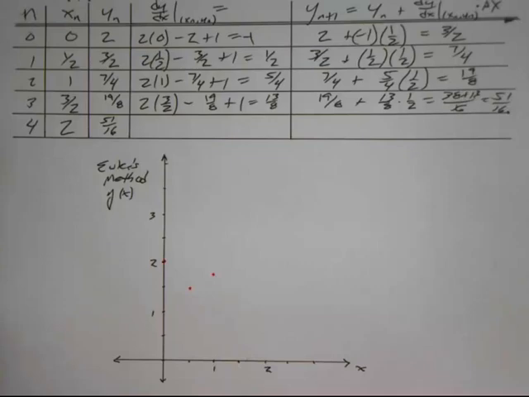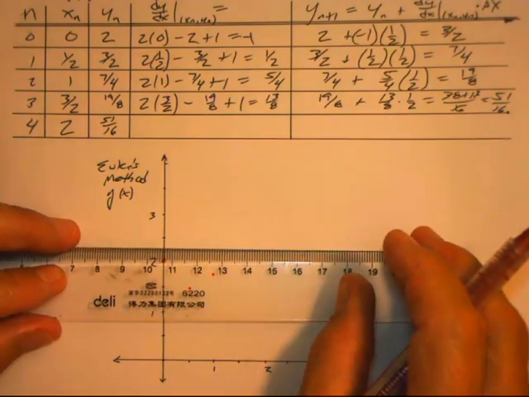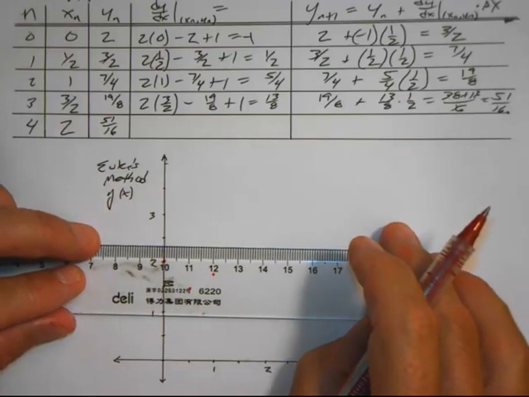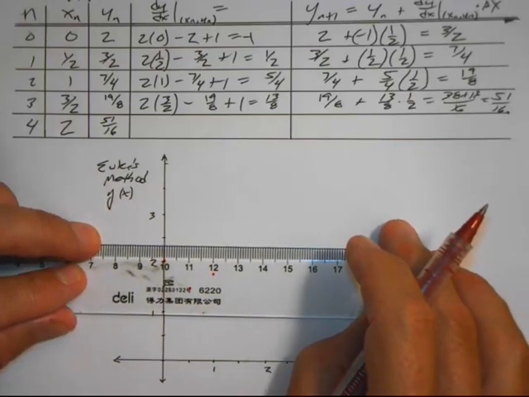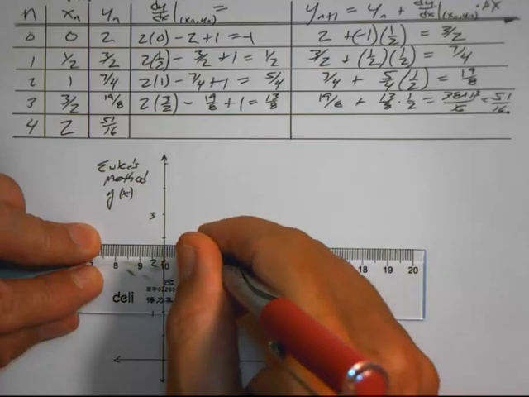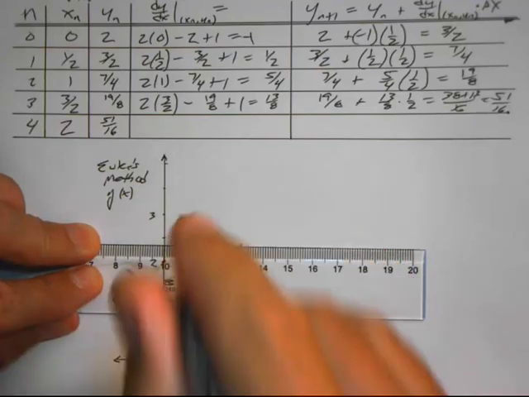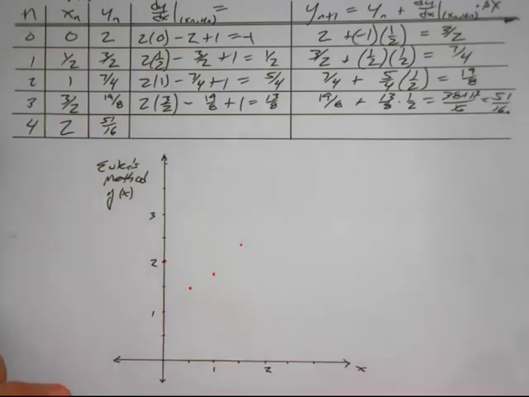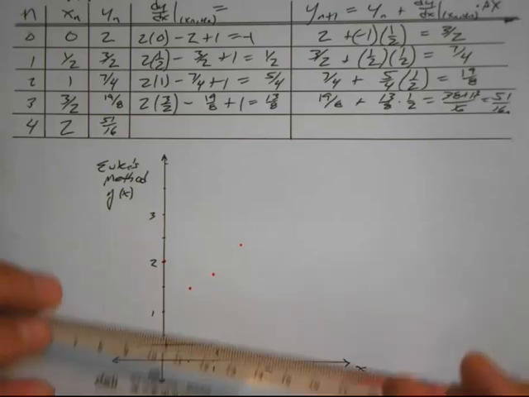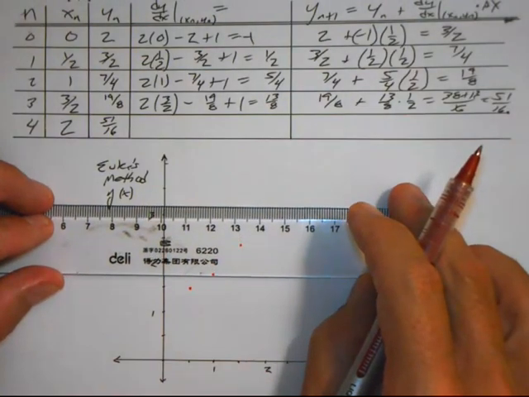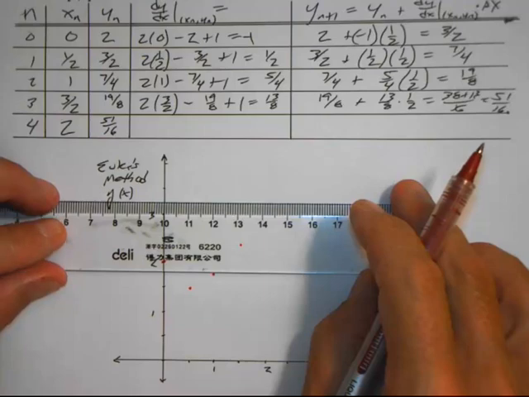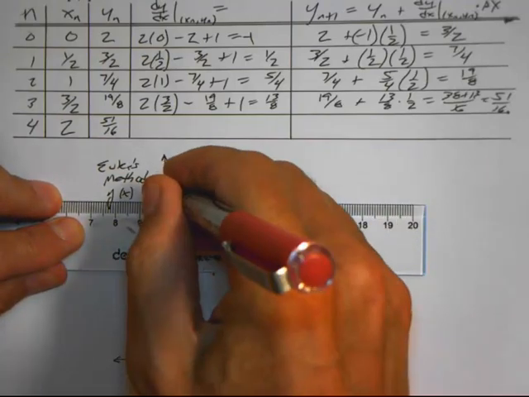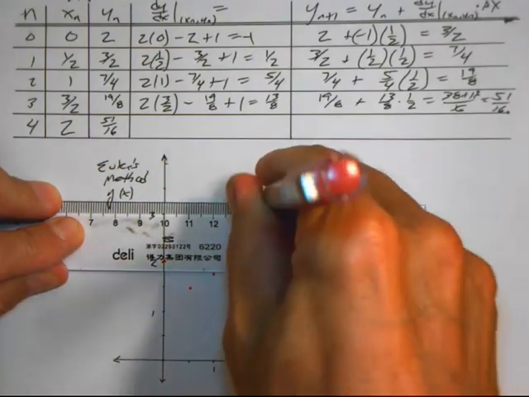So let's see, 2 and 3/8 would be about like so. And then 1, 2, 3. There. Okay, and then 2, 51/16, that is 3 and 3/16. Okay, about there. And 2 for x, about there.